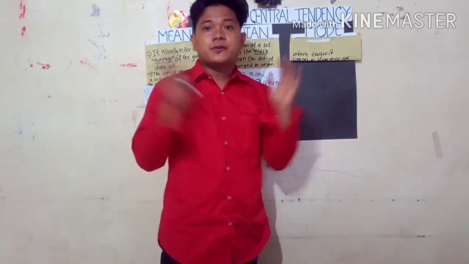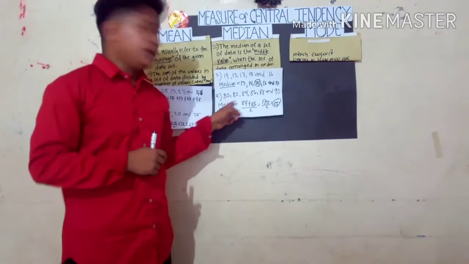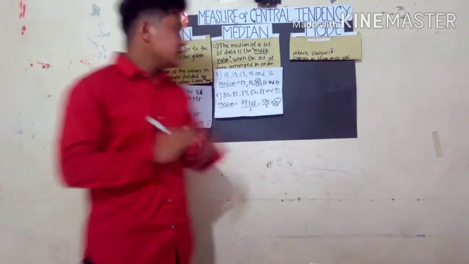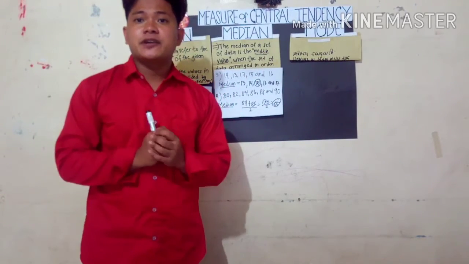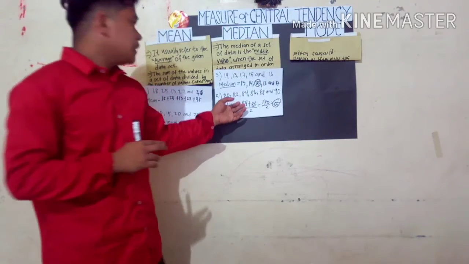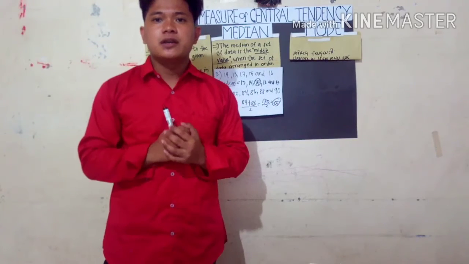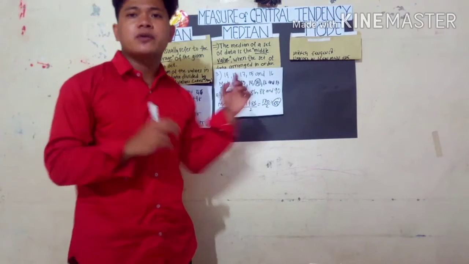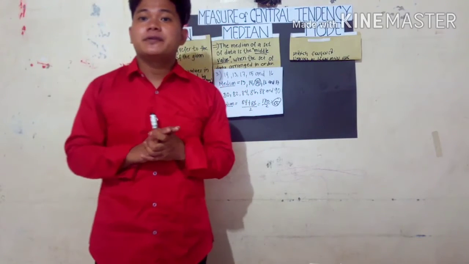Very good. So class, let's have another example for our median. Let's say we have 80, 82, 84, 86, 88, and 90. As you can see, our set of data is already arranged in increasing order, from lowest to highest. So, as you can see, class, we have 84 and 86 as our middle values. Since our middle values fall between 84 and 86, what are we going to do in order to get our median?